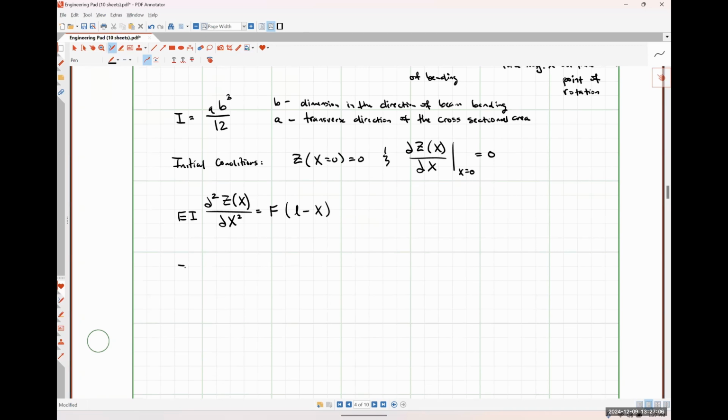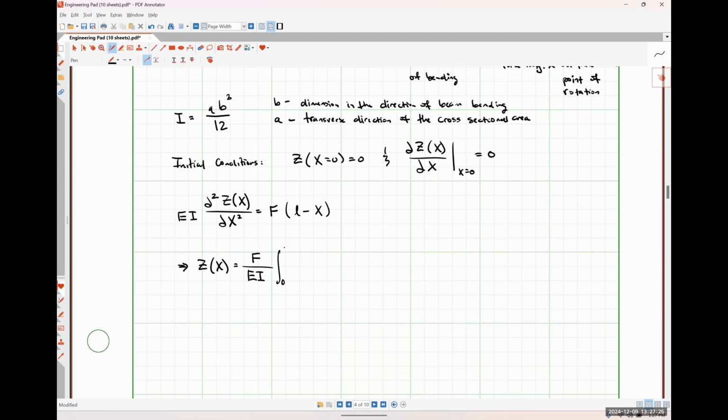So rearranging this, we would have z as a function of x is equal to force divided by EI. And because I've got a second derivative, I'm going to need to integrate twice.